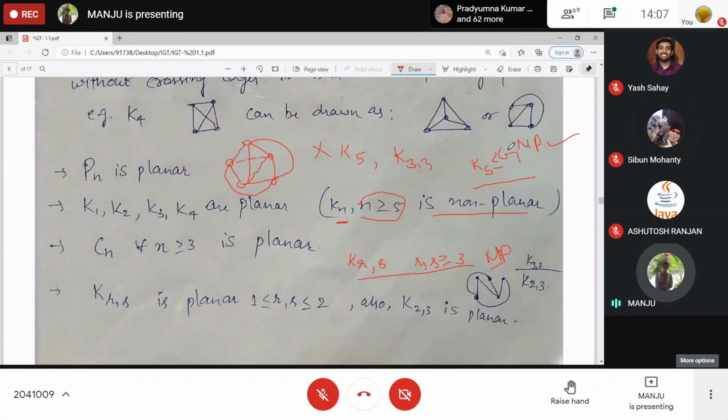I'm not saying this is a complete graph. This may be any graph which contains K5. There exist some graphs which contain K5, K6, which are not complete. This may not be Kn. Still, it is non-planar. Why is it so?